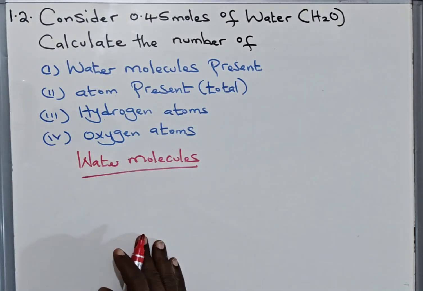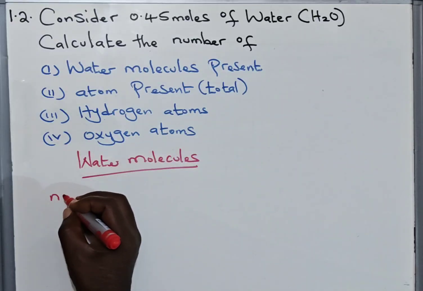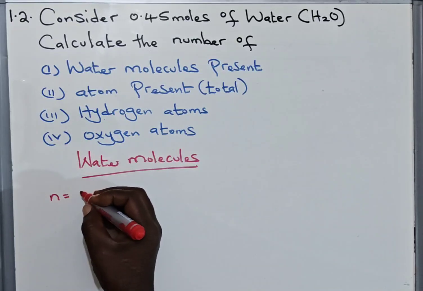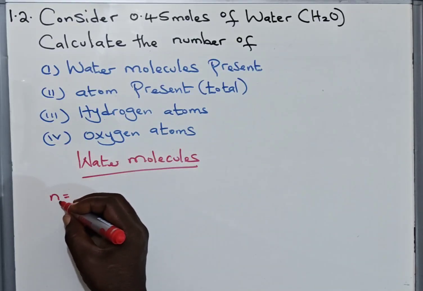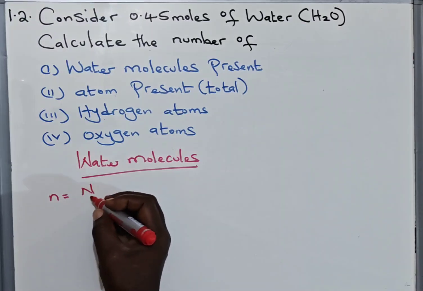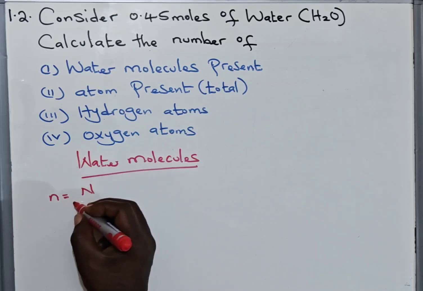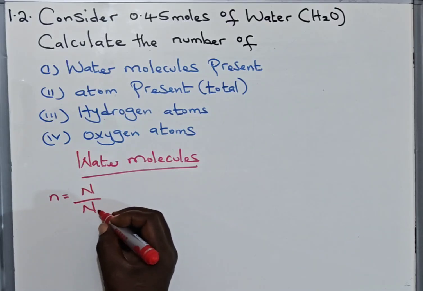Here you have to use the relationship put forward by Avogadro. It says that number of moles is equal to the number of water molecules over Avogadro number.